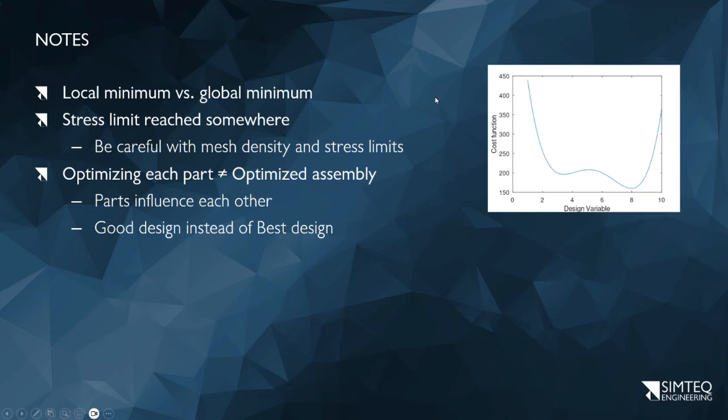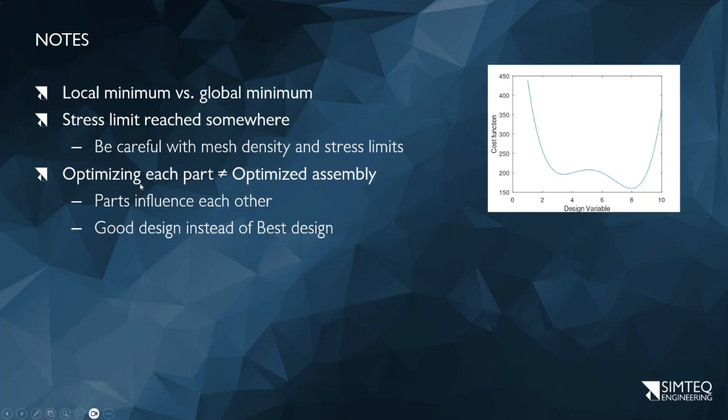Another interesting one that we get, if I've got a large assembly and I separately optimize each part, and then I compare that to I optimize every part, but in the assembly itself, so simultaneously, I often don't get the same result.